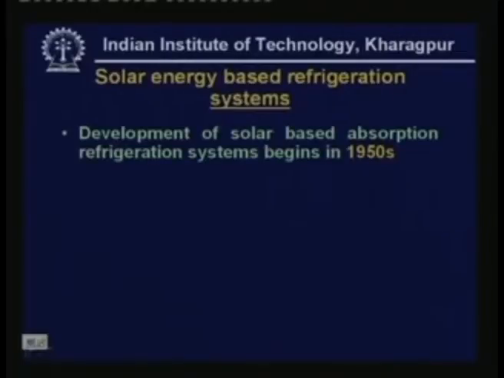As I was mentioning, the development began in the 1950s, and it really picked up since 1965. The major reason behind this is that people have realized that our fossil fuel reserves are really limited, and refrigeration is typically what is known as a low grade application. It is said that for low grade applications you should not use high grade energy like electricity.